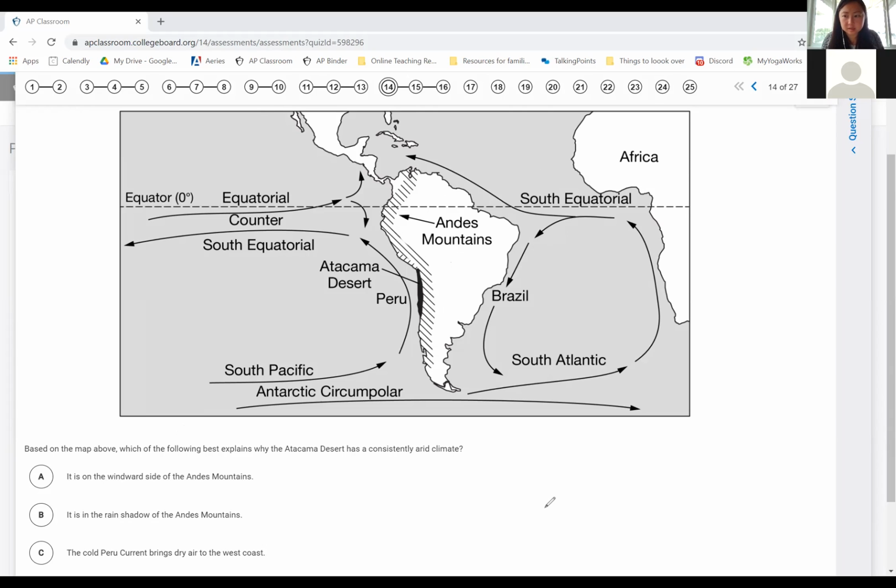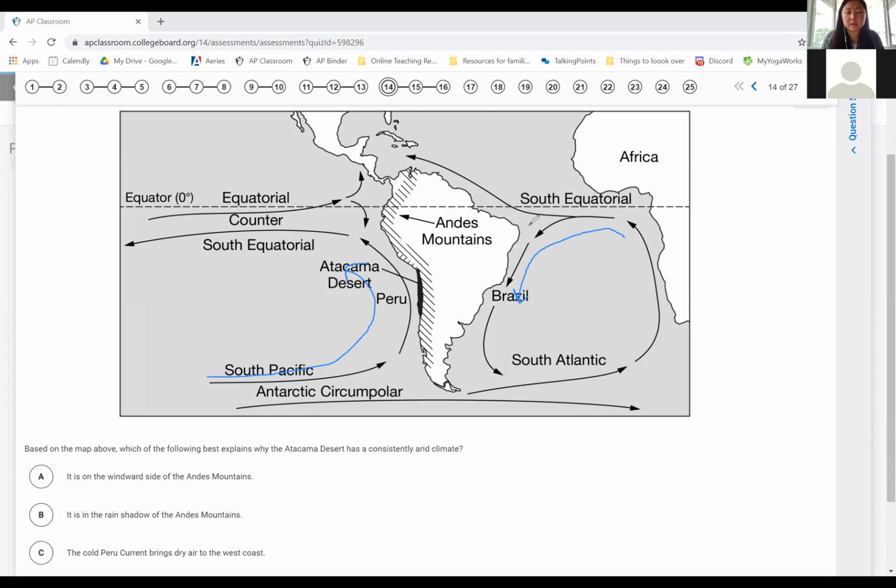Okay, I'm looking at the other answers to see if there was something else in here that they try to trip you up with. The cold Peru current brings dry air to the west coast. Does it bring cold air up that way? Something they want you to know is that the air circulates this way on this side, but this way on that side.